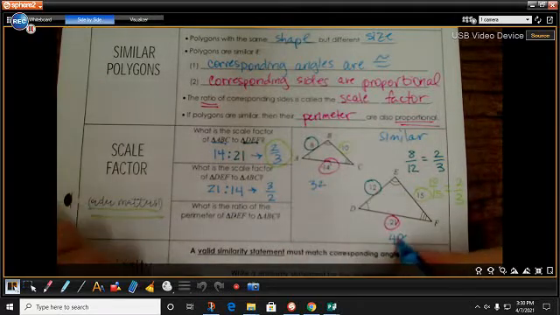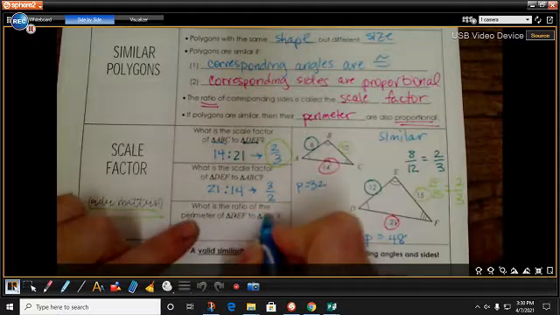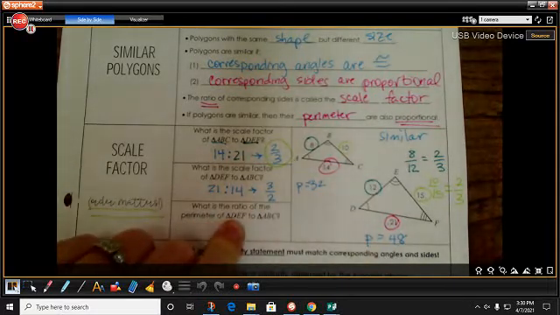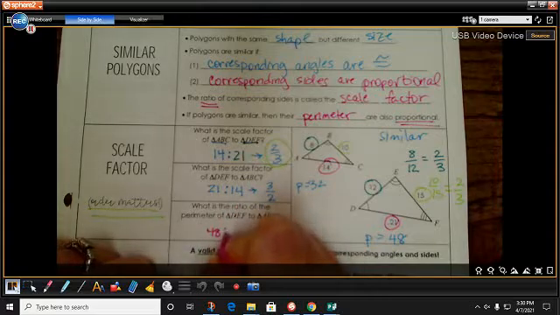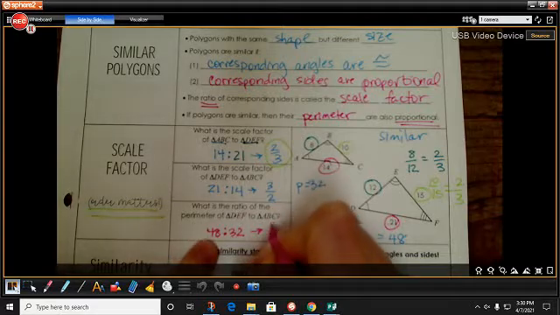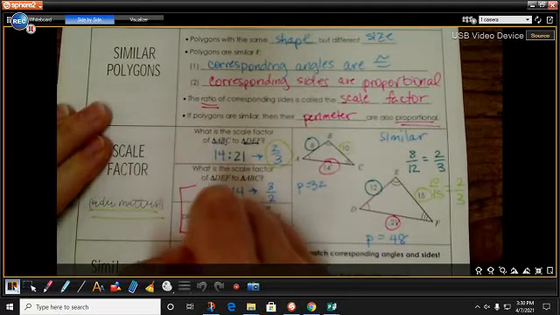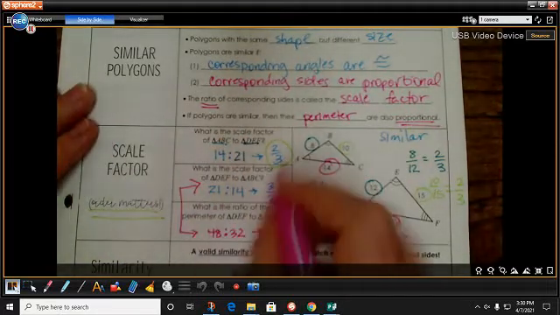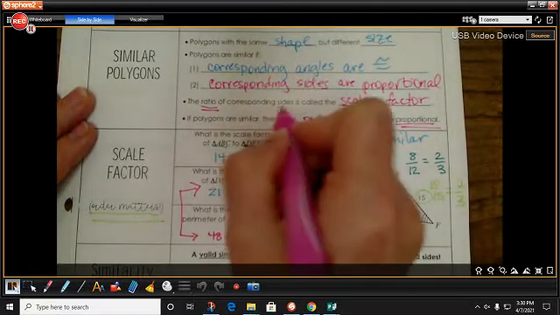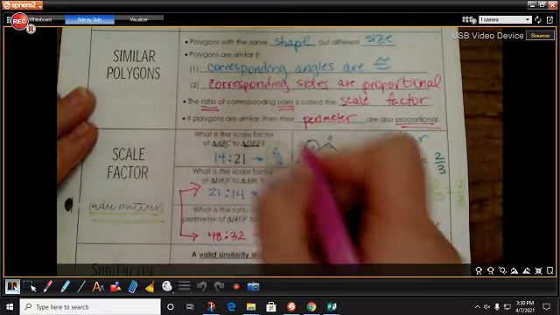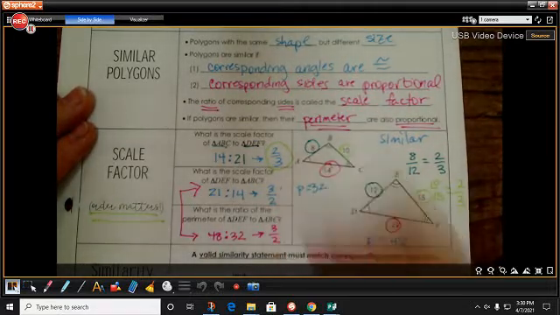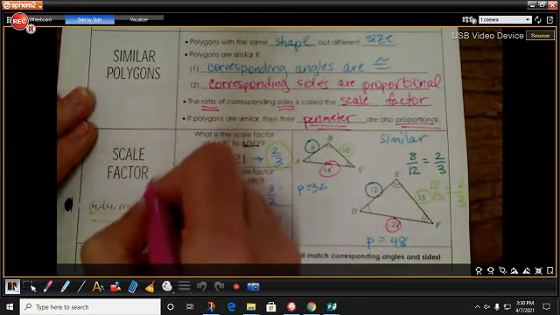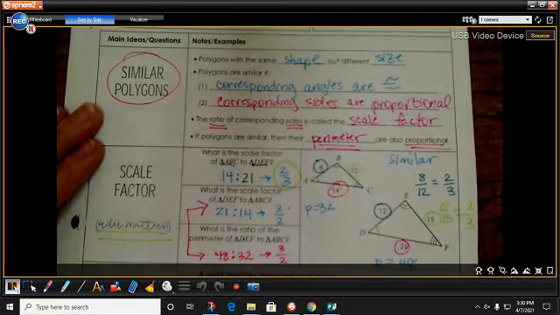If I take these perimeters and make their ratio, I want the DEF perimeter first, so it's 48, and my ABC perimeter is 32. That ratio also simplifies to 3 to 2. So the scale factor is the same for both their sides and for their perimeter, because they're both linear measurements, and so they have the same scale factor as long as the polygons are similar.